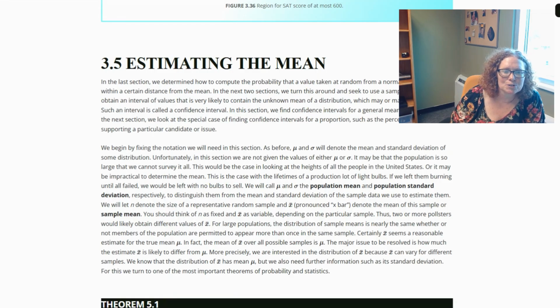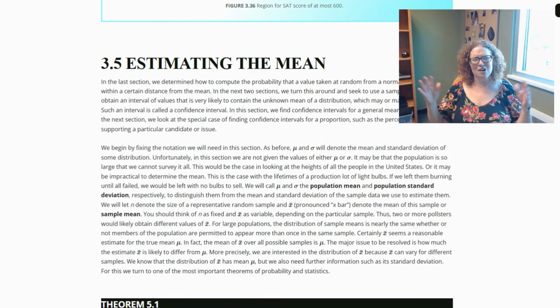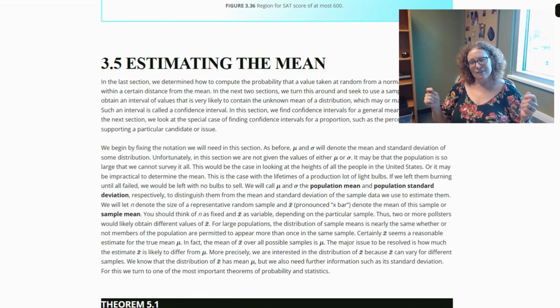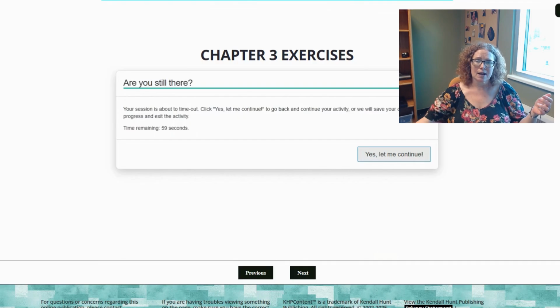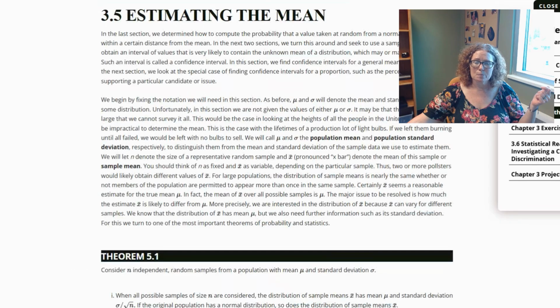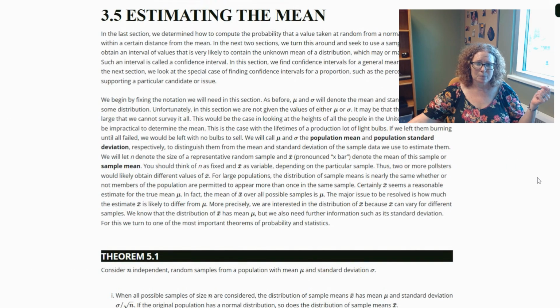So we are going to have n be our sample size, our random sample size, and x bar is the mean of that sample. So instead of looking at all of them, we're looking at a sample. Again, if you see a problem and it specifically says we're looking at the sample, then you know you are looking at the formula related to the sample size as opposed to the population.